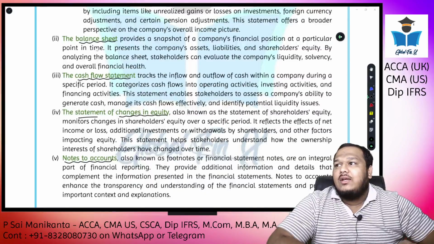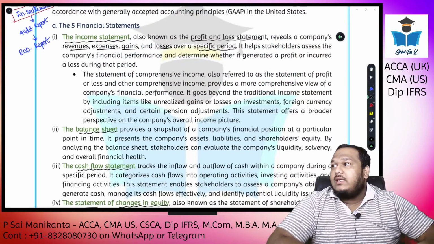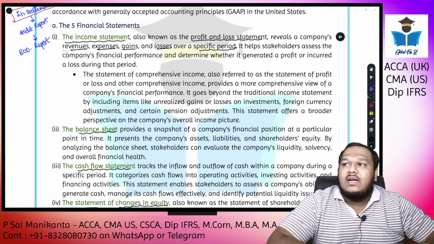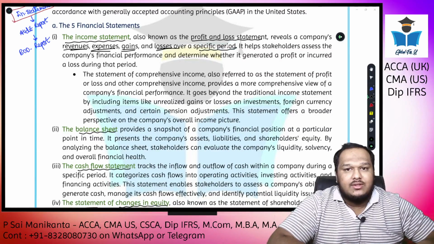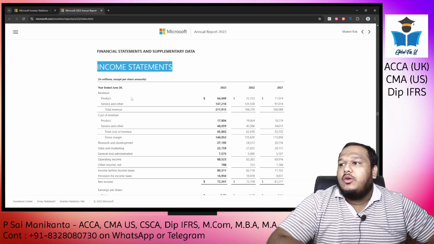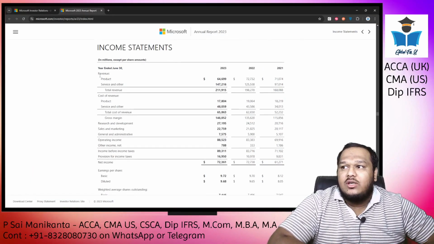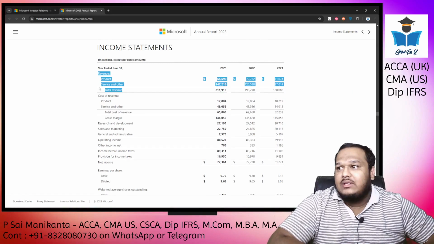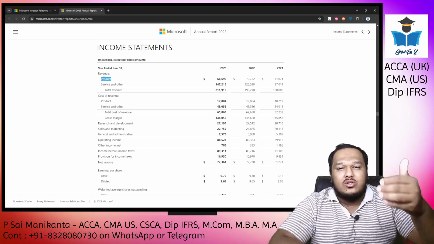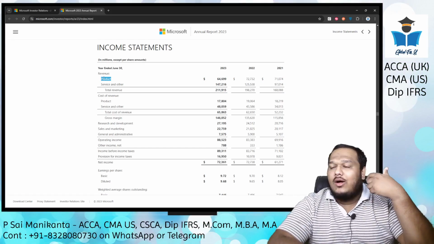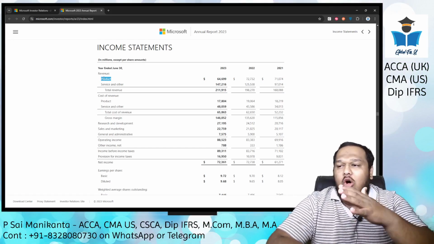So let's go back. So see here. The income statement reveals the company's revenues, expenses, gains, and losses over a specific period. So now let's understand what this means. You can see the first section talks about revenues. What is their product sales, sale of their products like Microsoft Windows or Microsoft Office or Project, Visio, all those things.